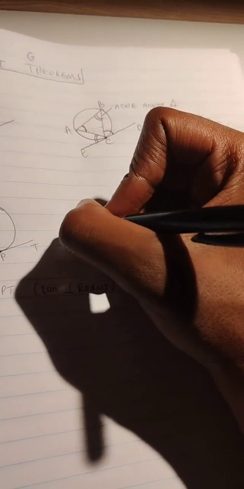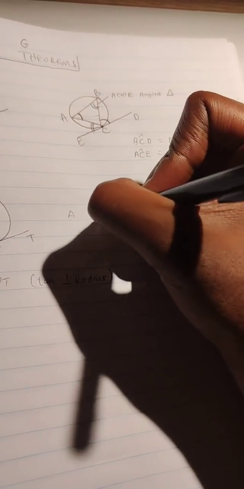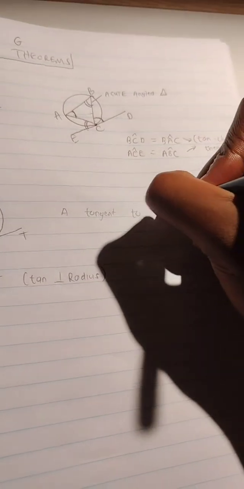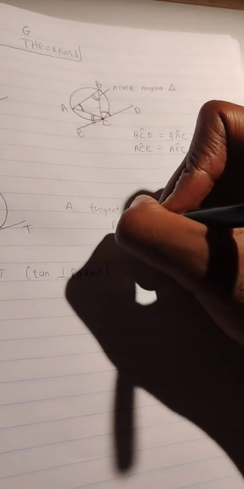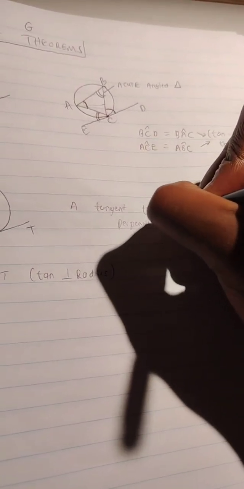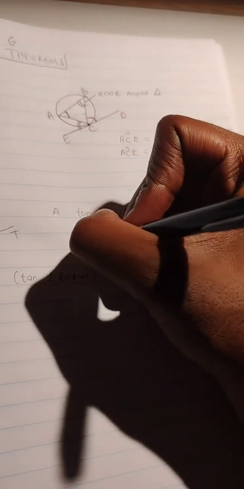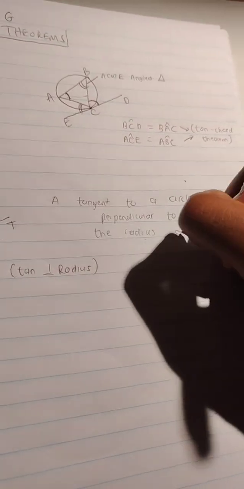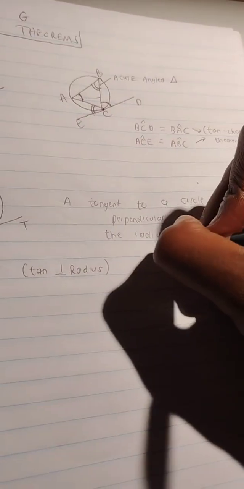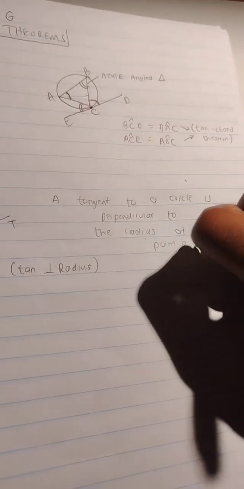As long as we can clearly say that a tangent to a circle is perpendicular to the radius at the point of contact.